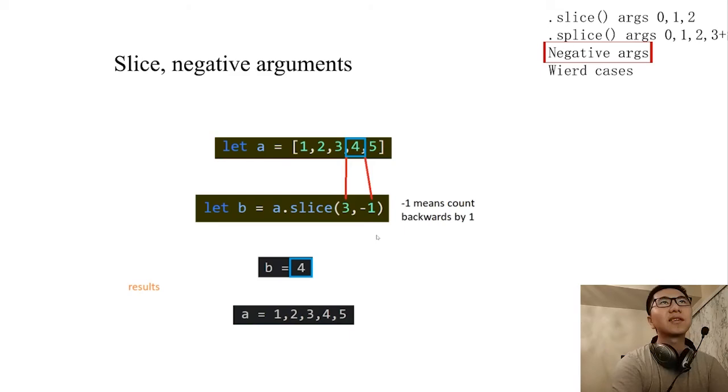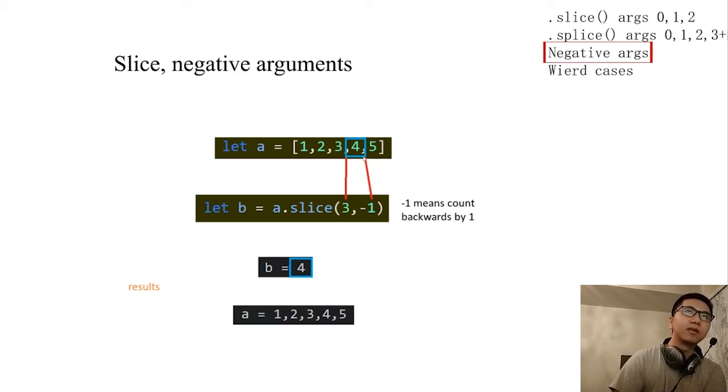Okay, so let's look at what happens when there are negative arguments in the slice and splice methods. So let's look at slice first. We have 3 and we have -1. So what do we do? Well, we can apply that little trick again, but backwards. Imagine where my mouse is, 0, -1.